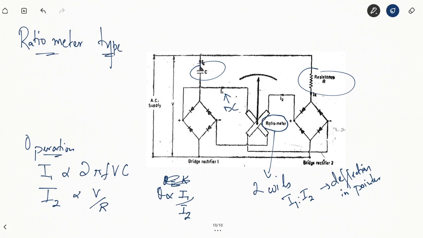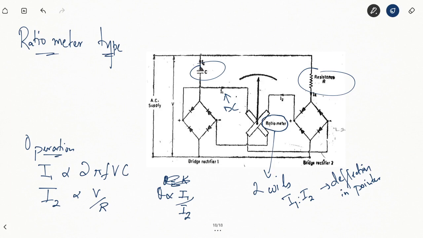This instrument basically has a linear scale of frequency, and the ratiometer is so designed that the deflection of the pointer will be directly proportional to the ratio of the two currents. It's the design of the ratiometer that makes the deflection proportional to the ratio of the two currents.